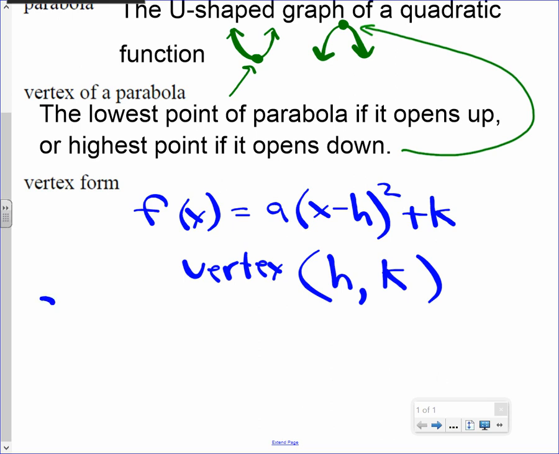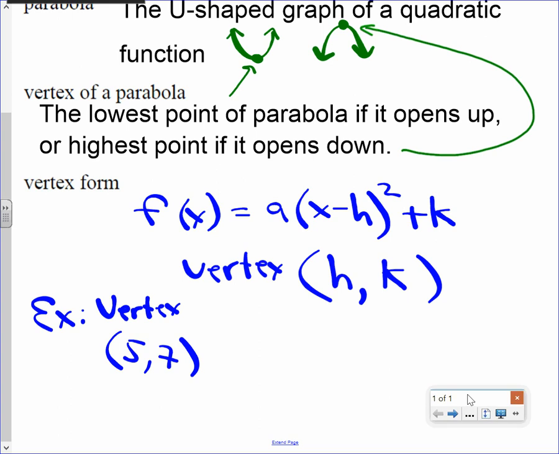So example, if I had a vertex at 5, 7, how would I write the function? If the vertex is at 5, 7, how would I write the function of the quadratic equation? Let's replace h with 5, k with 7, and you're in business. So watch this.